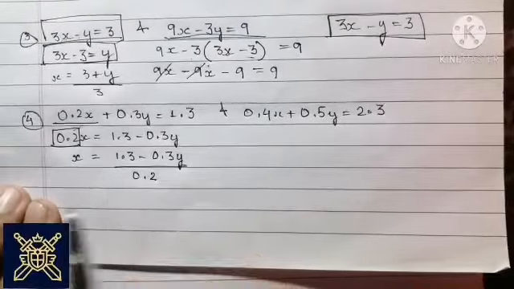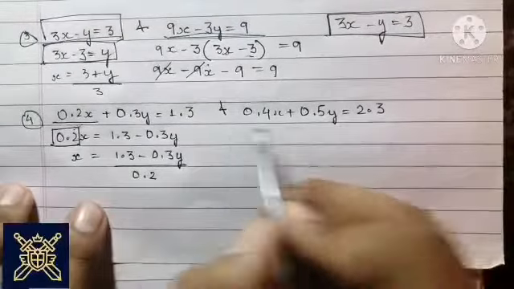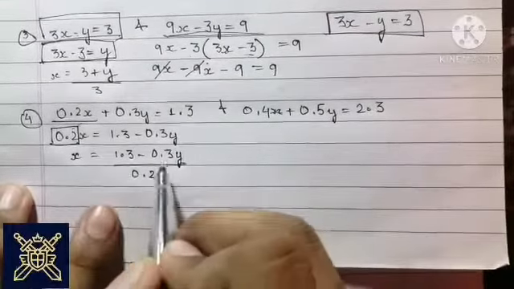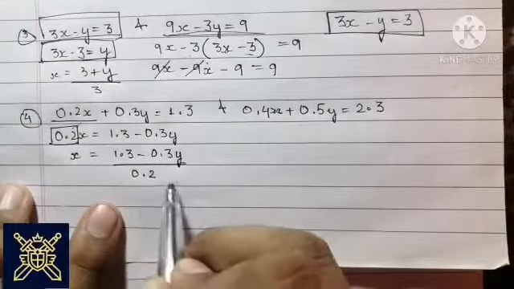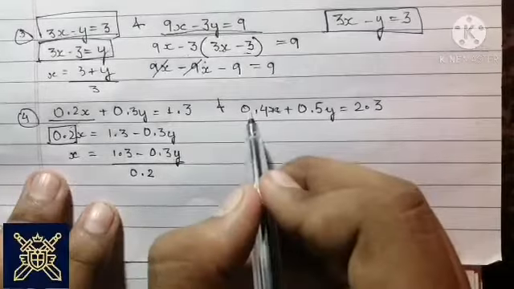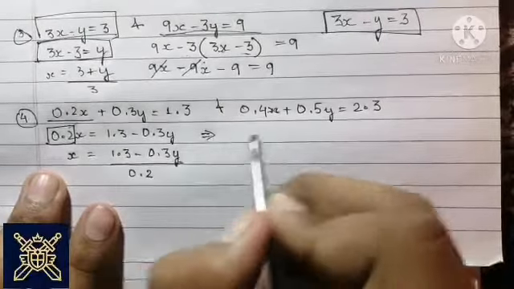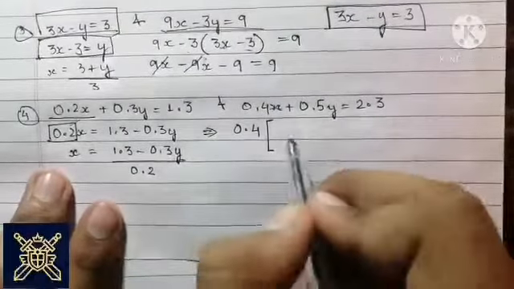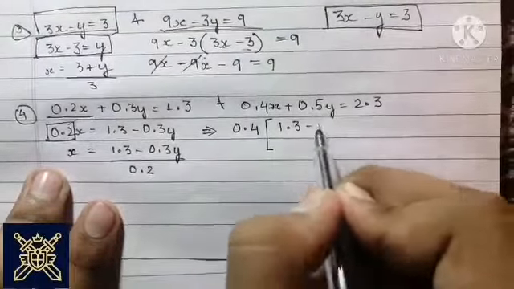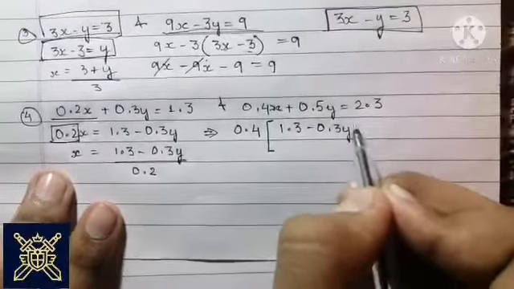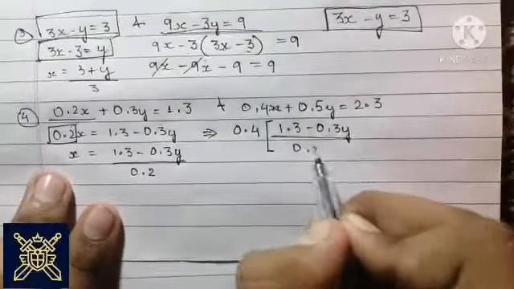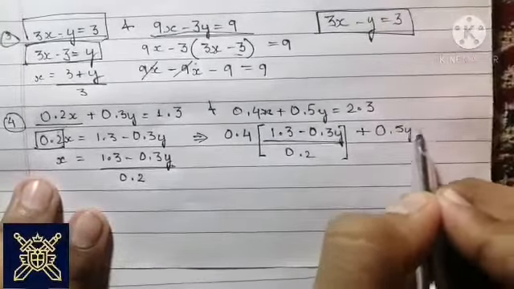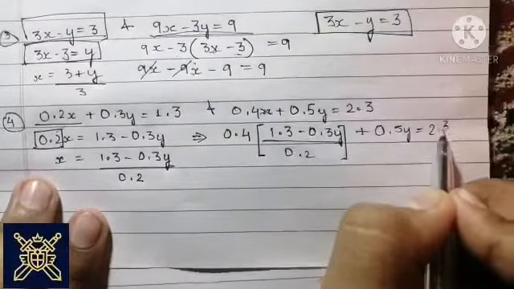Now you have to substitute it in this one. So in this equation, 0.4 multiplied into x, so x is 1.3 minus 0.3y upon 0.2, plus 0.5y is equal to 2.3.